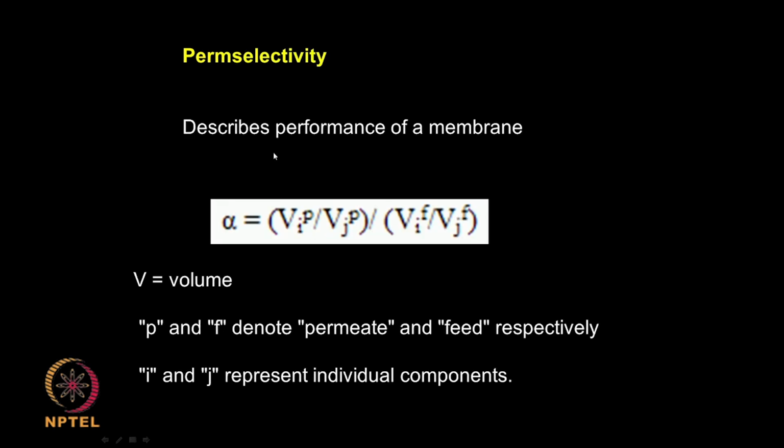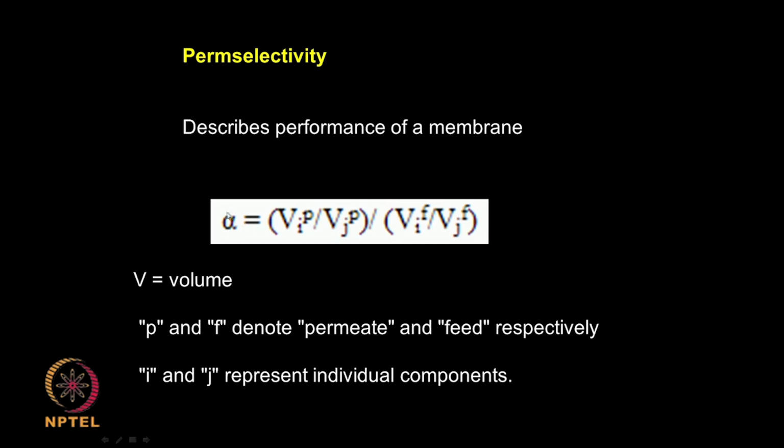What is perm selectivity? That means selectivity for one particular species. If we have species I, J, K, L and so on, the selectivity will be equal to Vi P by Vj P over Vi F by Vj F, okay, where P denotes permeate and F denotes feed, okay.